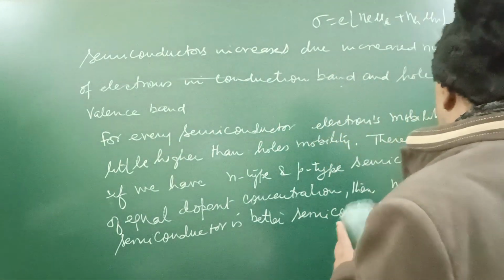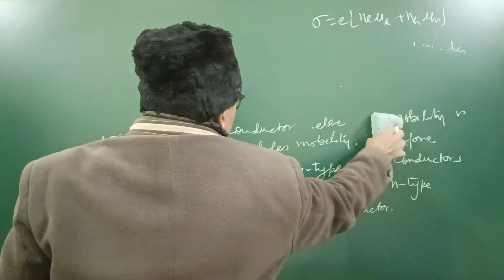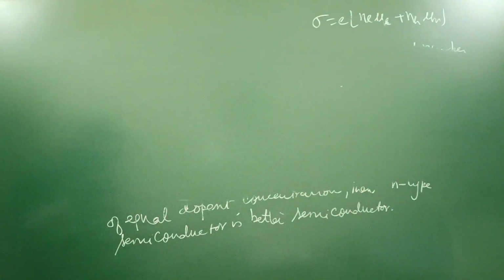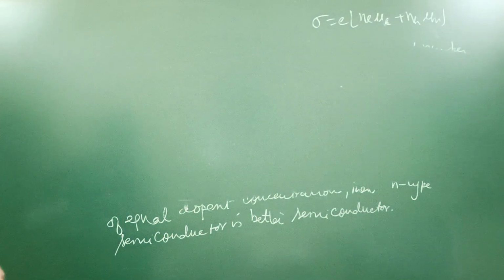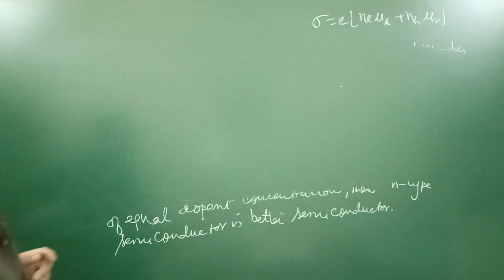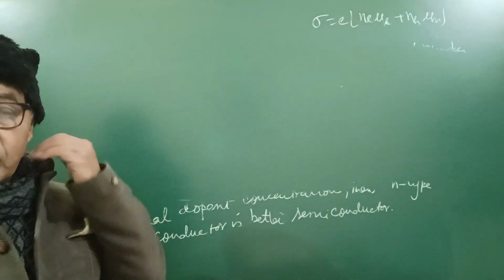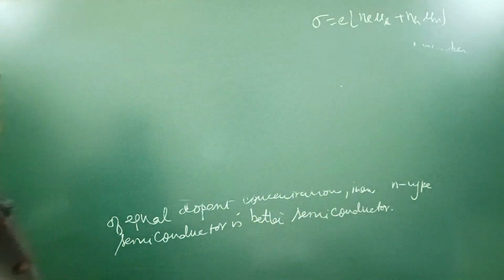Now one thing more. I have told you about pure semiconductor or intrinsic semiconductor, and n-type and p-type. So there is an energy gap between valence band and conduction band.